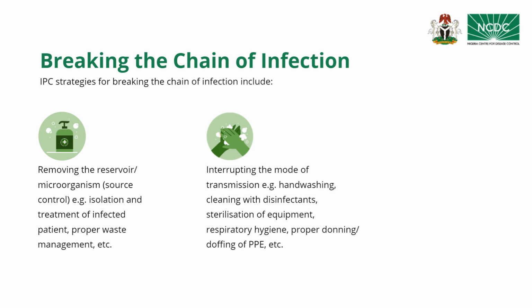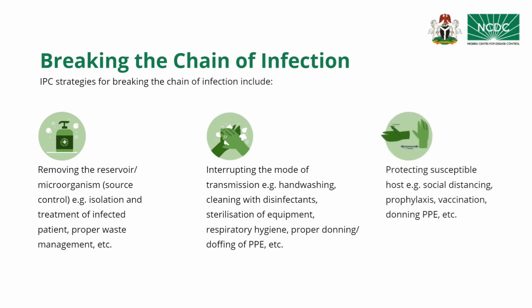Interrupting the mode of transmission by hand washing, cleaning with disinfectants, sterilization of equipment, respiratory hygiene, and proper donning or doffing of PPE. And finally, protecting susceptible hosts through social distancing, prophylaxis, vaccination, and wearing PPE.